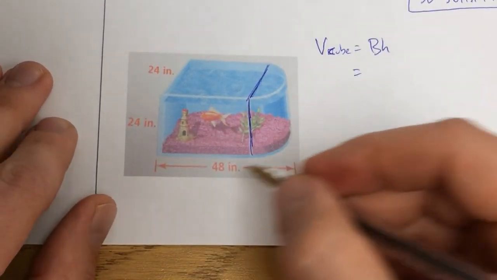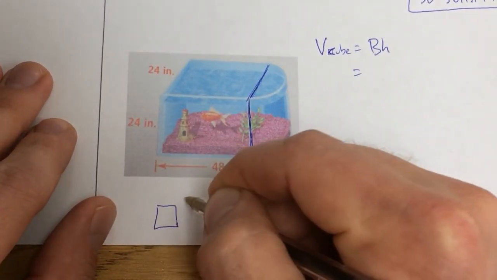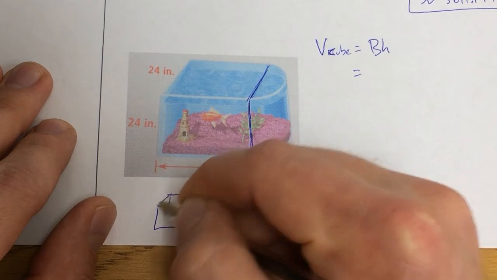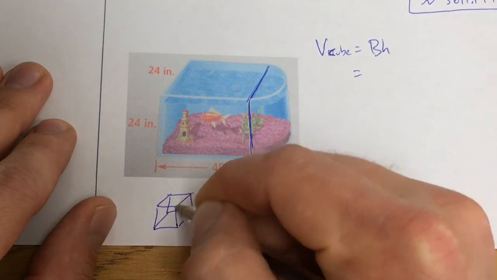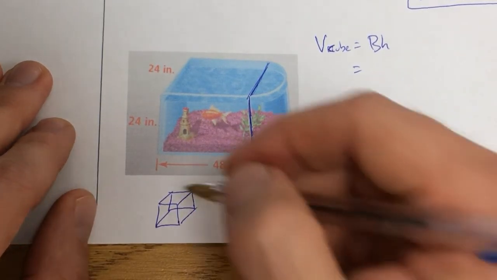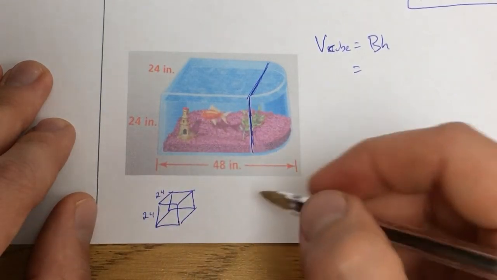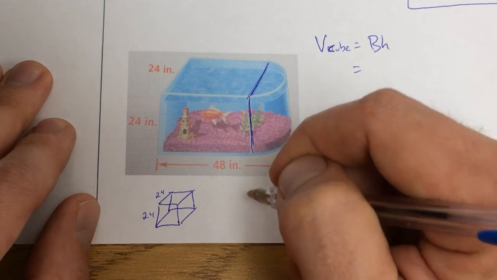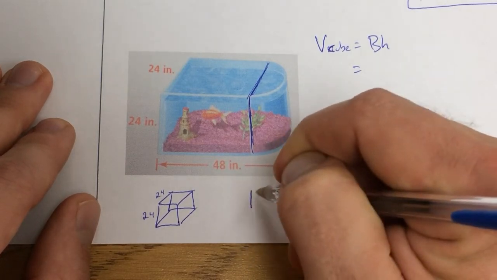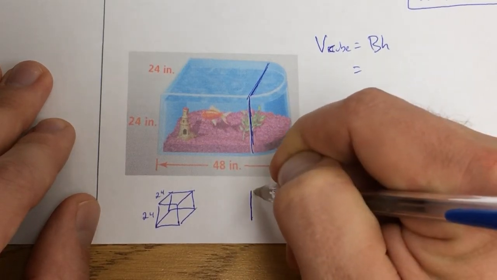Let's do that. Let's redraw the cube here. All right, I had 24 and 24. I need to find out what this is, right? Well, separating that off is my half of cylinder. It's a little more difficult to draw. Let's see if I can get it here.